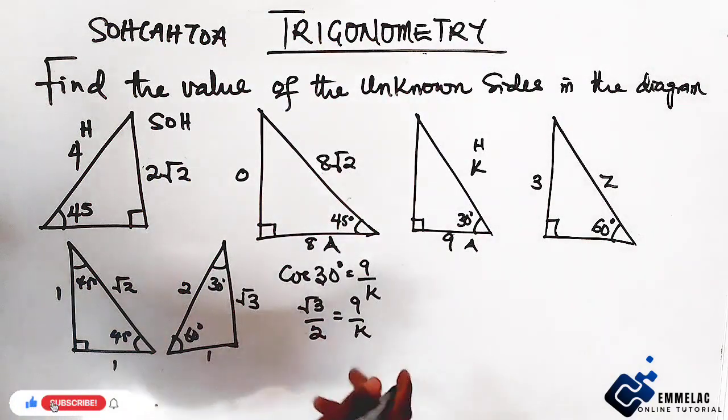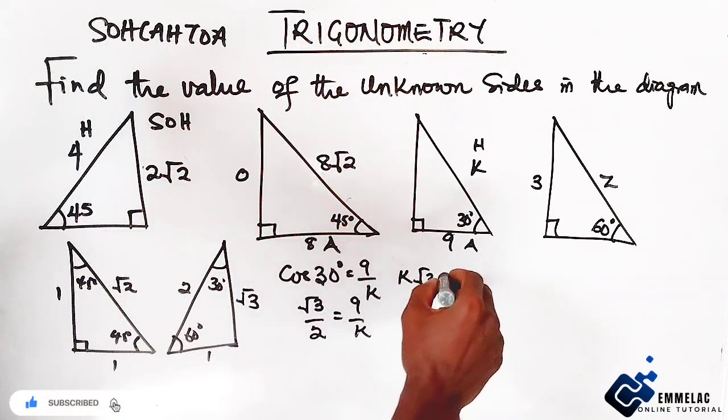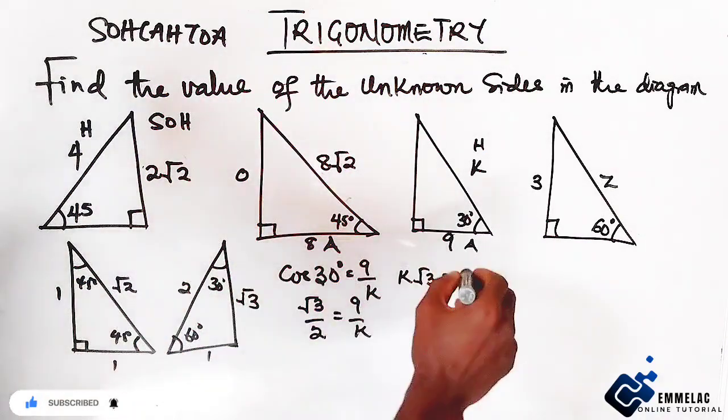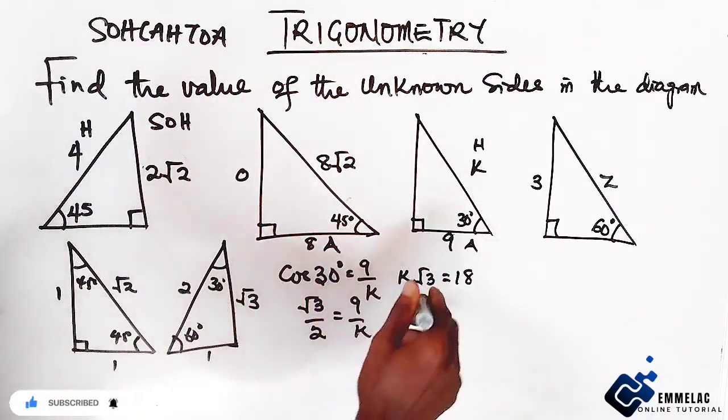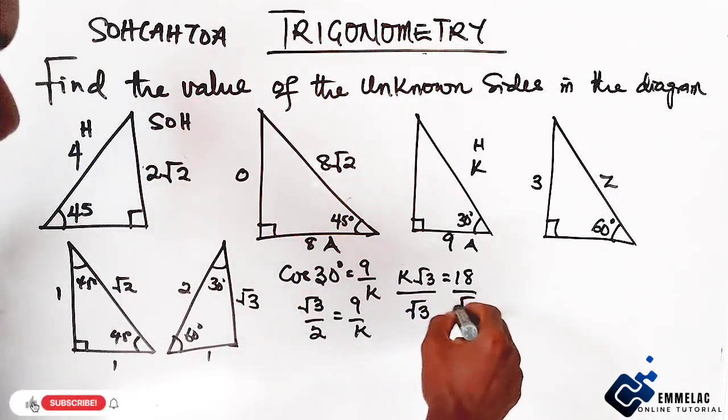Now when we cross multiply, we have k root 3 equals 2 times 9, which gives us 18. Now we divide through by root 3.